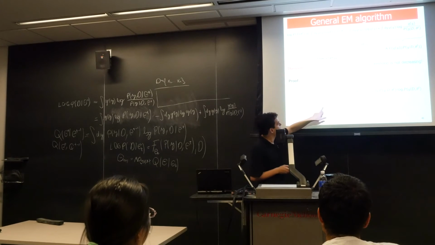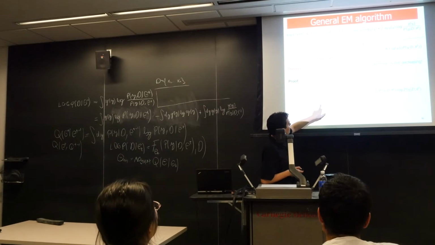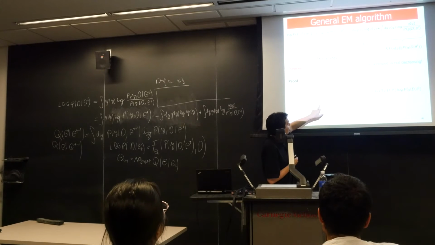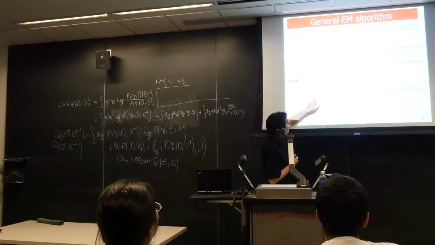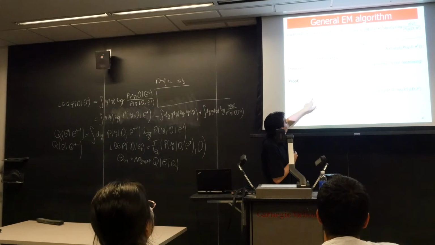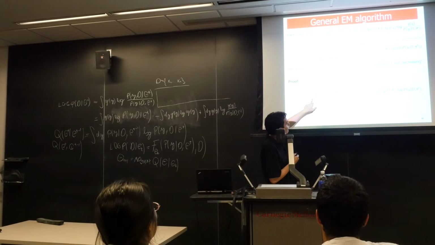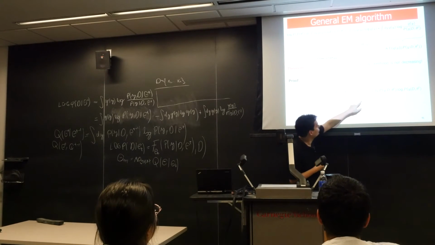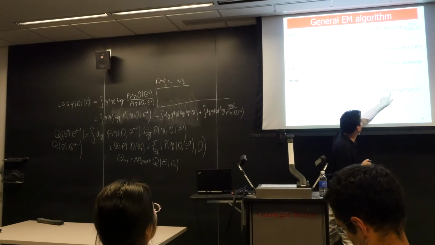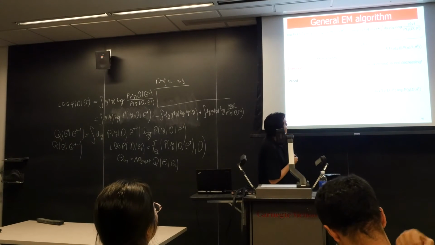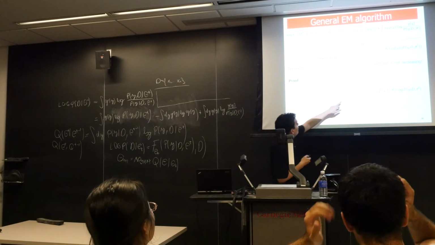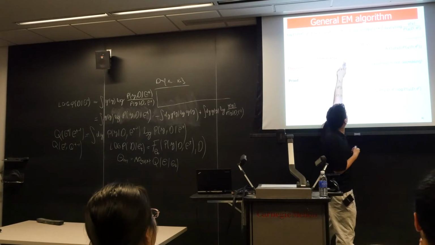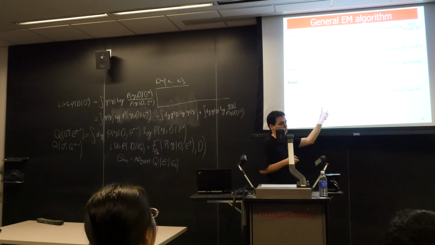And now we use again the definition of the free energy. If you look at this definition, the free energy is the integral of Q log joint distribution between y and theta, minus the entropy of Q. Then if I choose Q to be the distribution of y given the data and theta t, this is just the free energy where instead of theta t we have theta t plus 1 now.